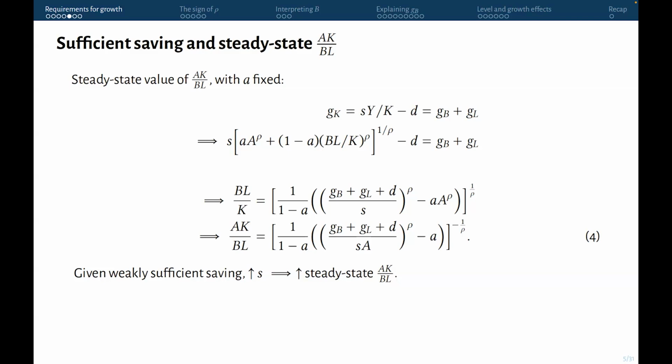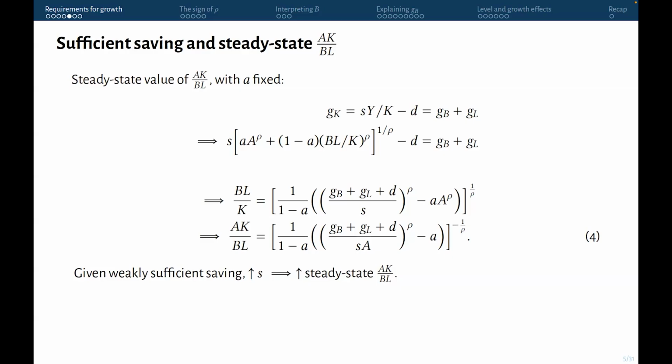So higher S with negative rho means this gets larger, but then we're raising it to a negative power. Wait. Higher S means this ratio gets smaller, so this gets larger. Oh yeah, so this also gets larger because rho is negative. So negative 1 over rho is positive.